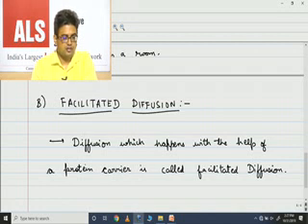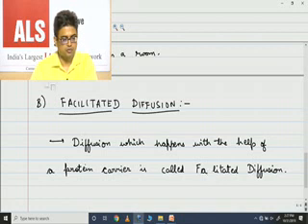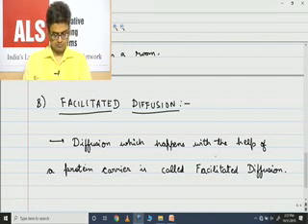Facilitated diffusion is also a non-energy intensive process. That means energy is not wasted in performing facilitated diffusion. So you can write now.